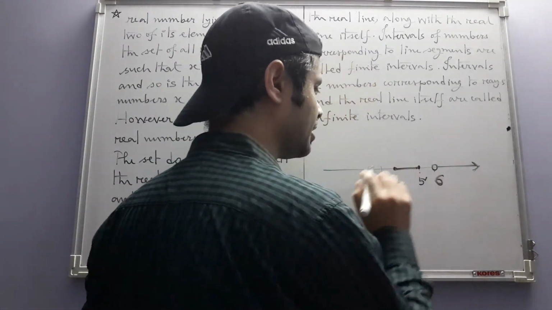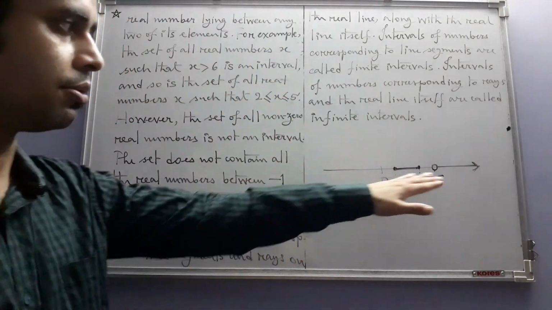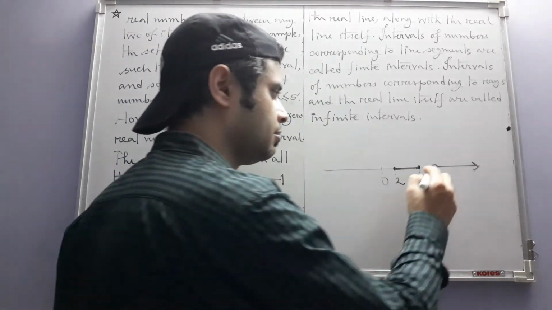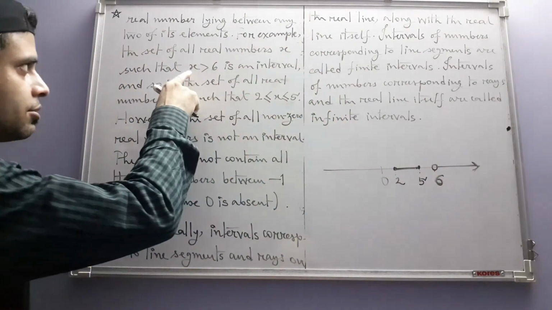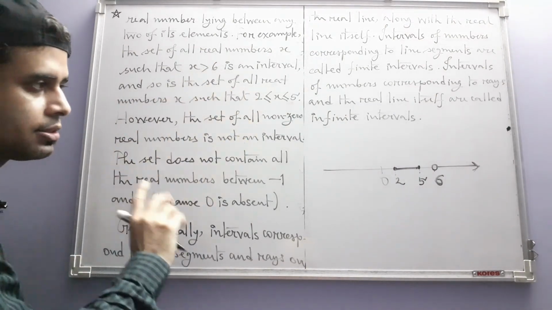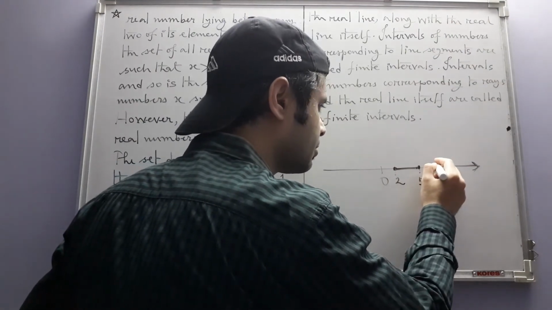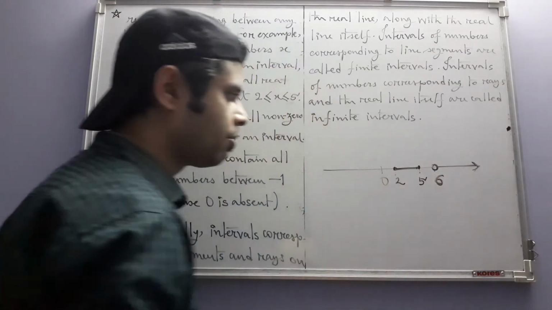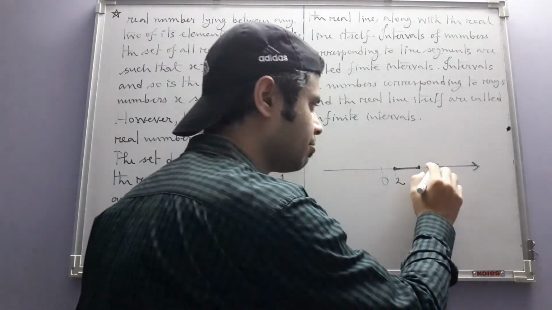Note one more thing, that when we draw such sets on the real line, the fact that the point 6 itself is not a part of the first set, 6 itself is not greater than 6, is denoted by drawing a hollow circle, or a white circle.